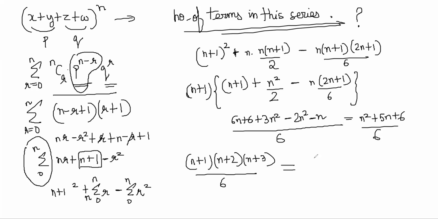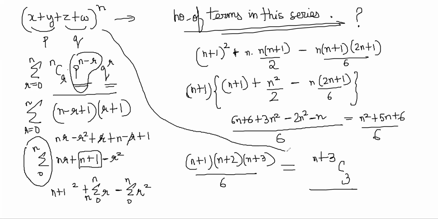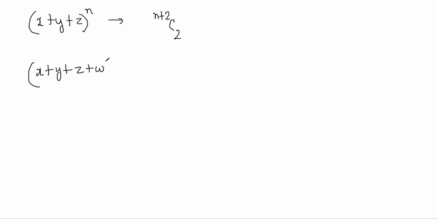Now notice that this is n plus 3 C3. Check it. Since the number of terms of this has come as n plus 3 C3, and the number of terms of the previous one came as n plus 2 C2, you can now say a pattern is there.